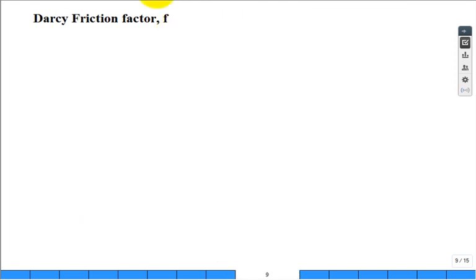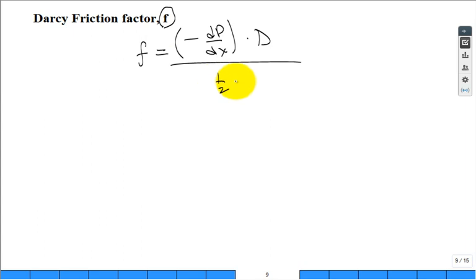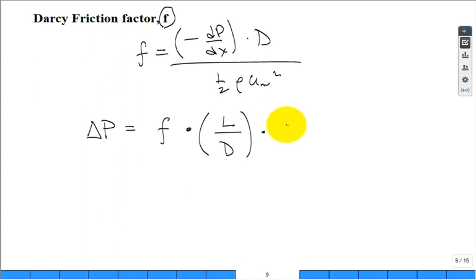Okay. So that y-axis was the friction factor. The friction factor is defined as minus dp/dx times the diameter divided by 1/2 rho u mean squared. If you wanted to calculate the pressure loss in a pipe, it would be equal to the friction factor times the length of the pipe compared to the diameter of the pipe times 1/2 rho u mean squared.